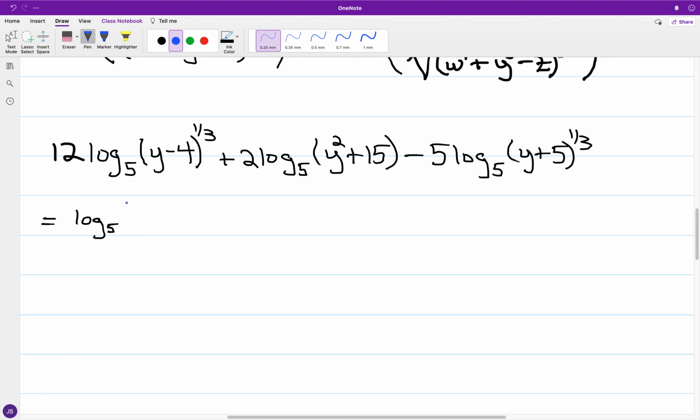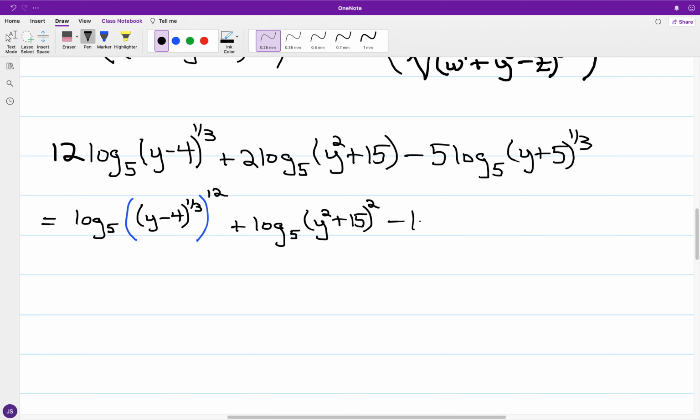Just to give you a visual, we have the base 5 logarithm of the quantity (y minus 4) to the 1/3, and this is going to be to the 12th power. Second term, we'll have the base 5 logarithm of the quantity y squared plus 15, raised to the 2nd power.